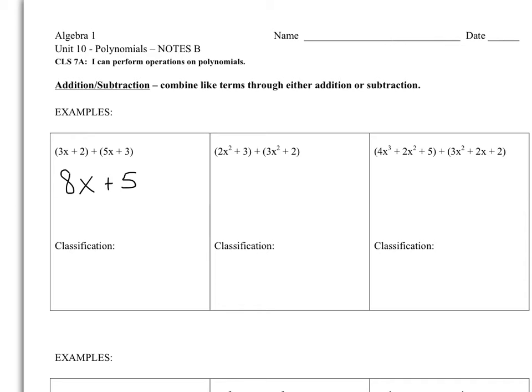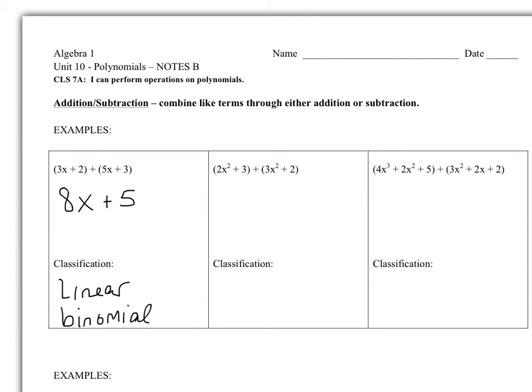So just combining like terms, and the classification would be a linear binomial. The next one, 2x squared plus 3x squared, is 5x squared plus 5. So that would be a quadratic binomial.